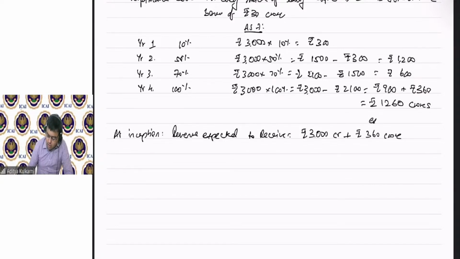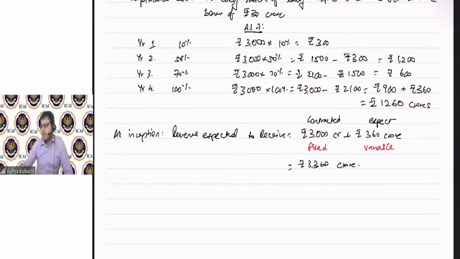This is what you expect, whereas 3,000 is the contracted rate. In other words, this is the fixed consideration and this is my variable consideration. So at the inception of the contract, you estimate that you are going to get 3,360 crores.